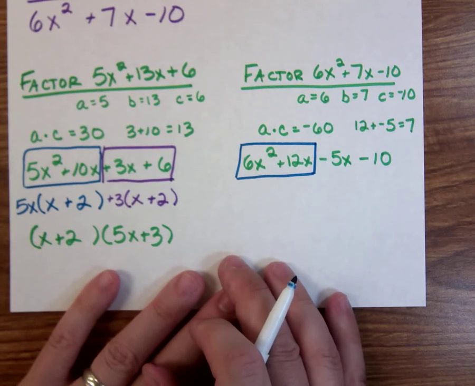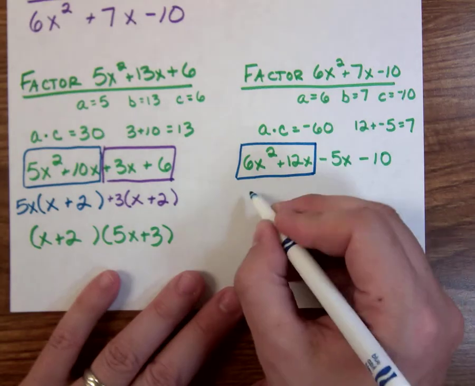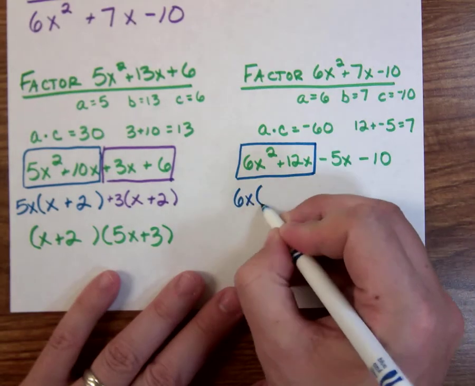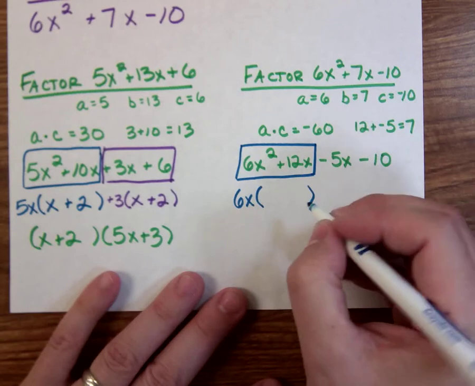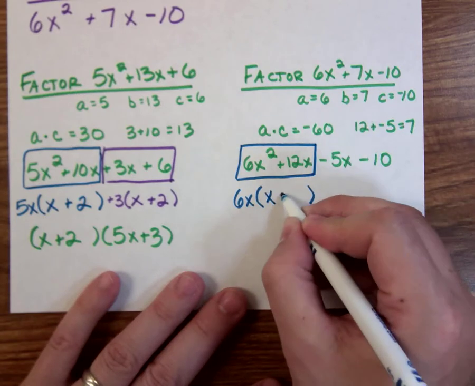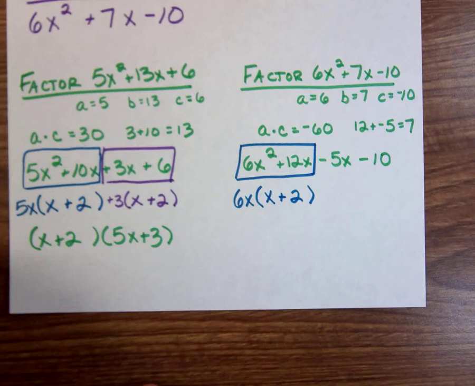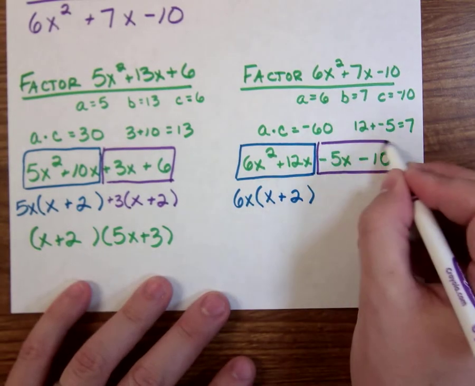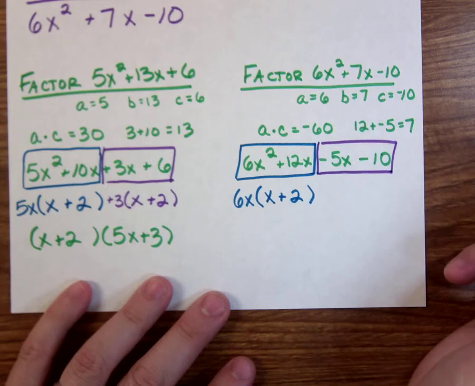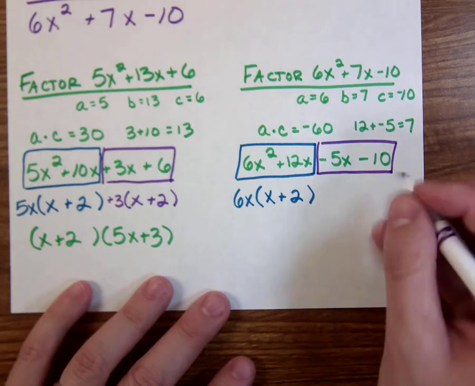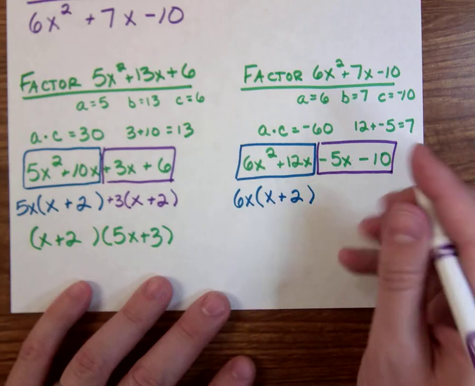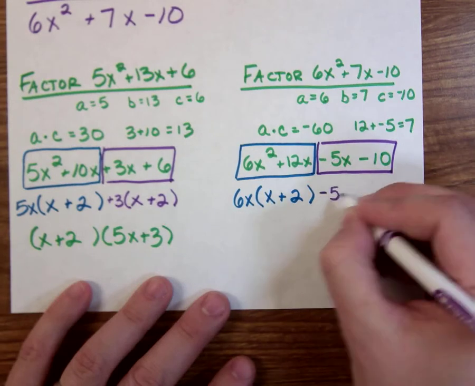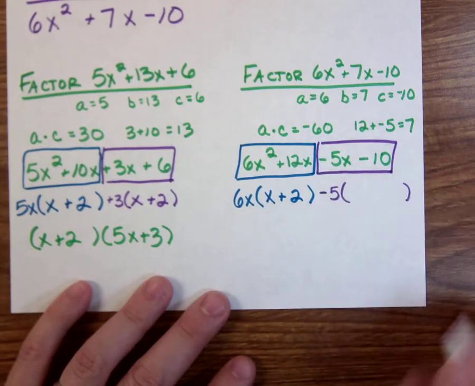What's the GCF of 6x squared plus 12x? 6x, that seems good. What does it leave me with? Good. Okay. What about these? What's the GCF? Very good. Negative 5. Remember, if it starts with a negative, you factor a negative. So negative 5 on the outside. Now be careful when you factor out a negative.